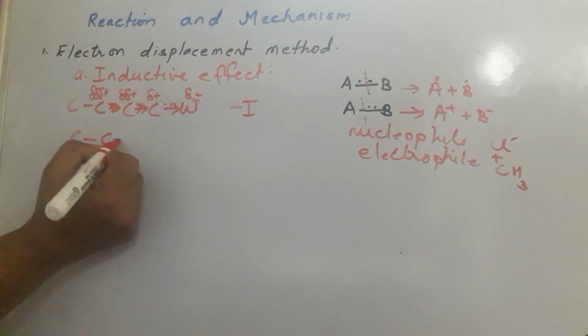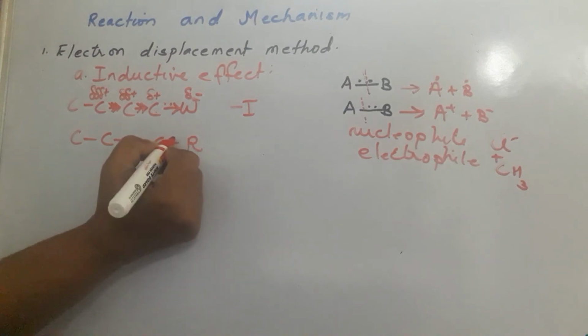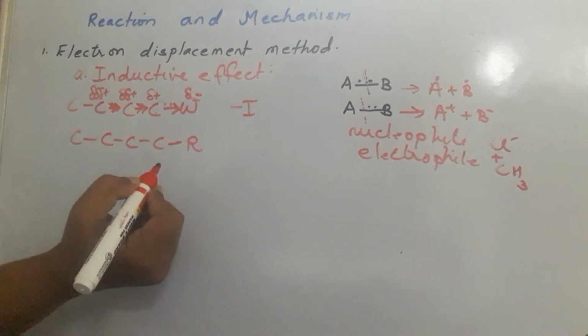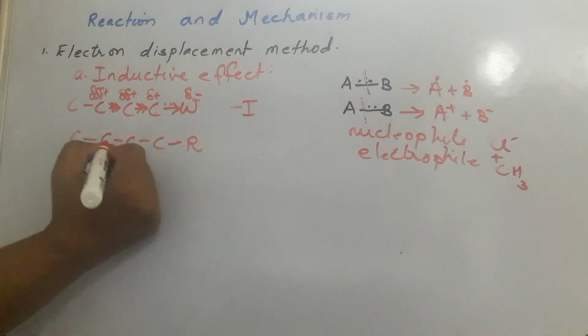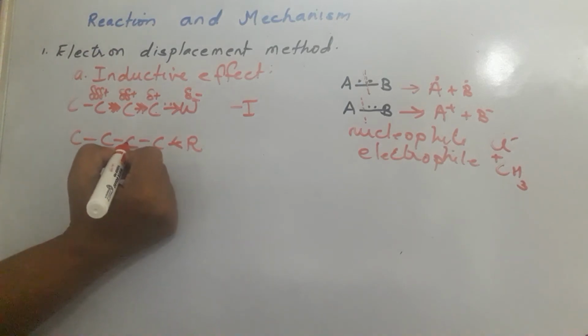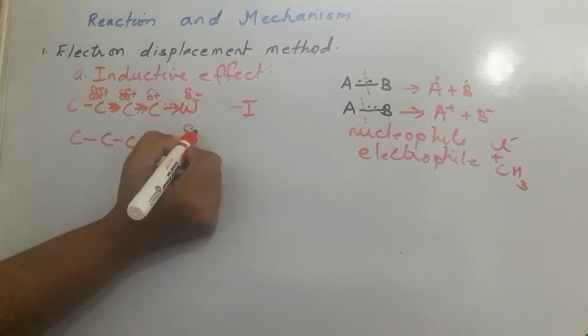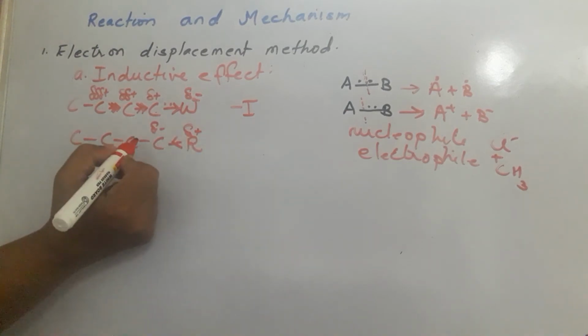Whereas if a carbon chain is linked to a repelling group, like a methyl group or any alkyl group, it will repel the shared pair of sigma electrons towards the carbon chain, itself developing a positive charge and the carbon developing a partial negative charge.